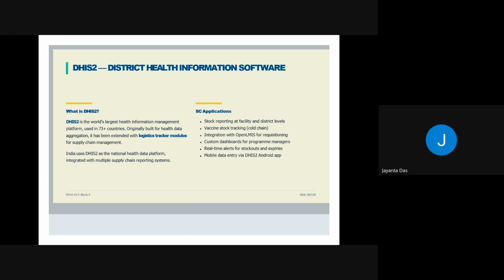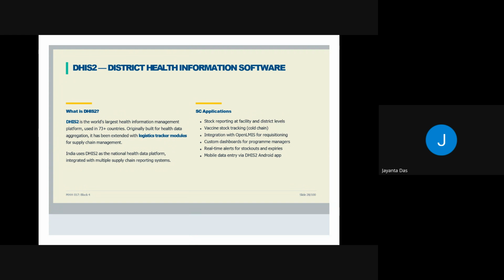District Health Information Software, DHIS2, is the world's largest health information management platform, used by 70 plus countries, originally built for health data aggregation. It has been extended with logistics tracker modules for supply chain management. When the platform is there, at every node they only need to upload their data, not information.